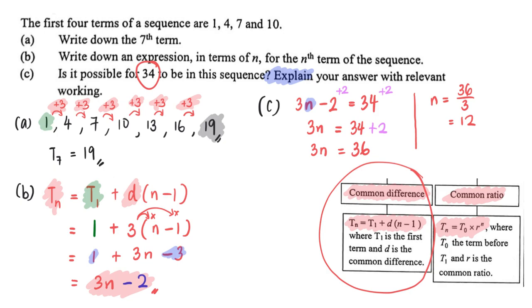Indeed, so number 34 is the 12th term. Okay? And finally, since n equals 12 is a whole number, 34 is in this sequence.